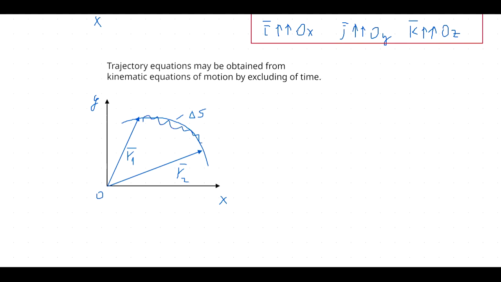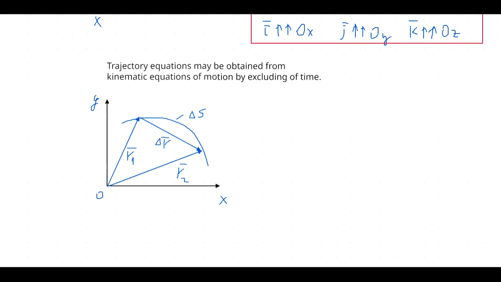And we can also define displacement vector. What is this? Displacement vector is a vector that begins in initial point and ends in final point. So it can be shown in this way. Displacement vector is delta r.